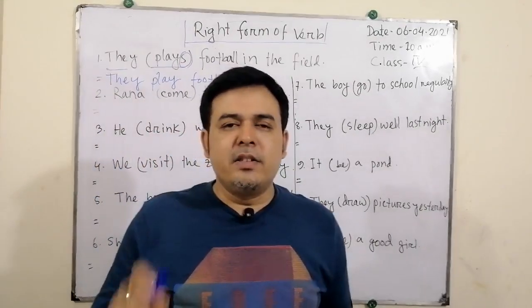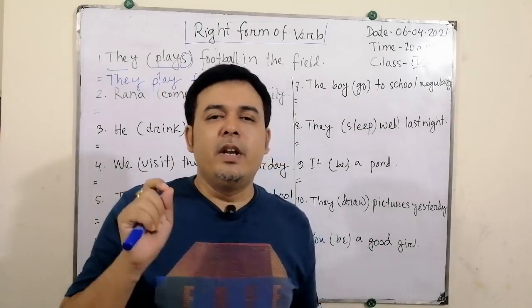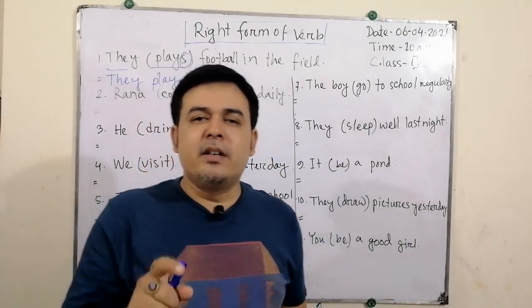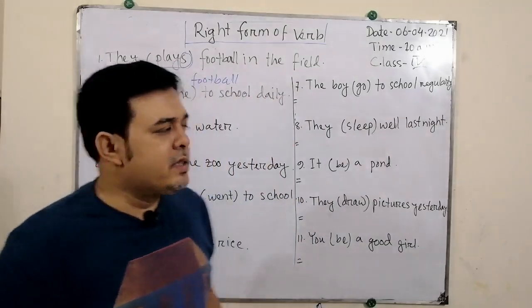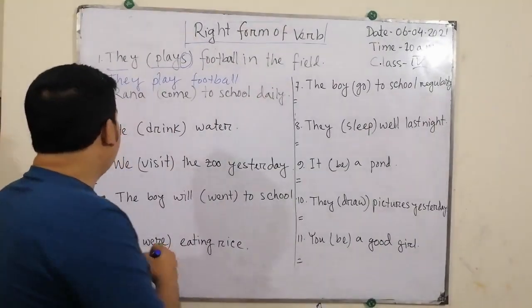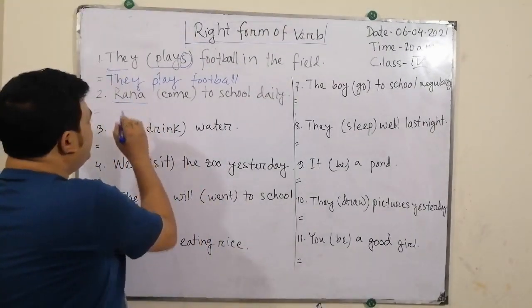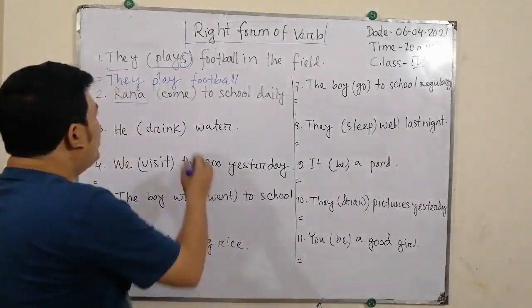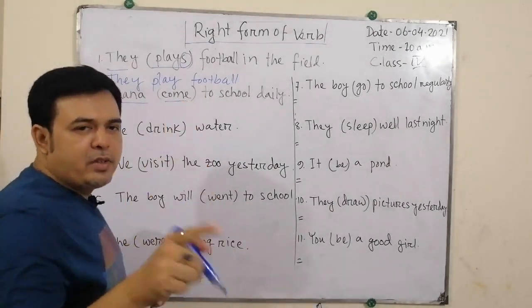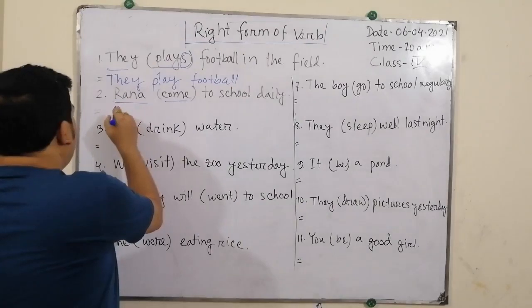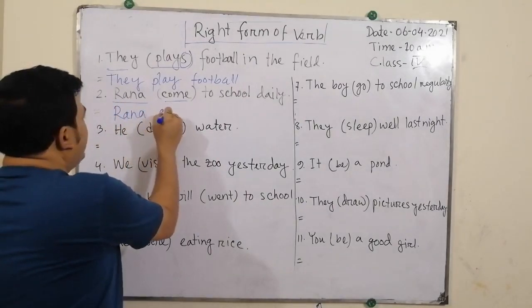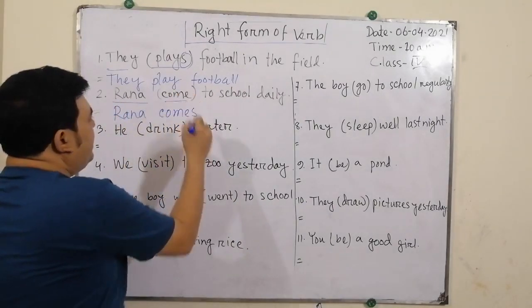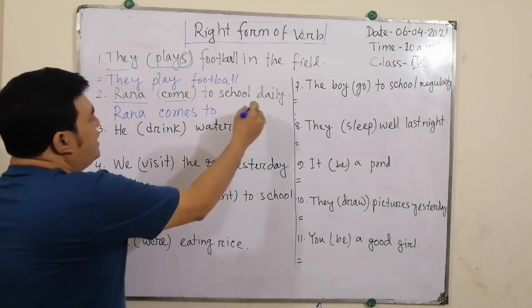We make the sentence in present indefinite tense, and in present indefinite tense, if the subject is third person singular number, we know that there will be an s with the verb. So what will be the result? Rana comes to school daily.